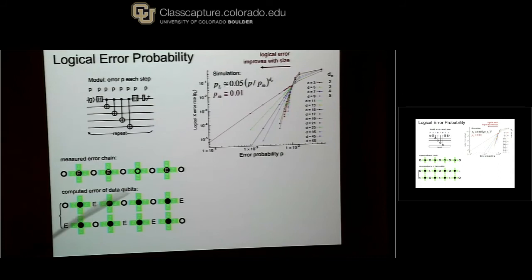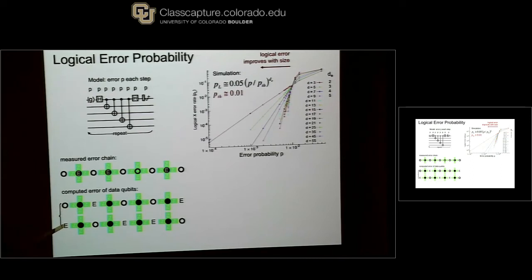The computed error is, you say there was an error in this qubit, because there's not an error here, and you decode it this way. But you can also decode this as the complement, where there's an error here and an error here. Both of these will decode to this. Which one do you choose? You choose the one with the lowest error, and this will decode properly.